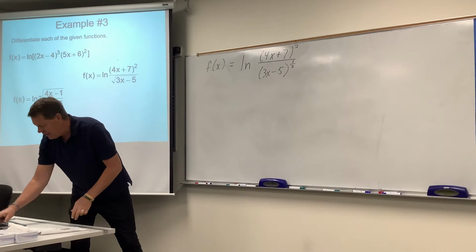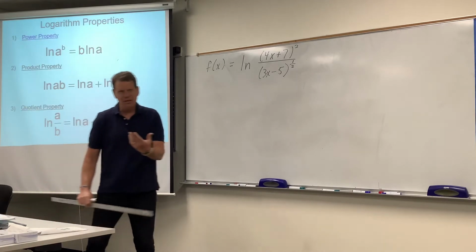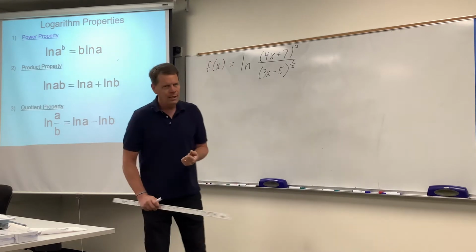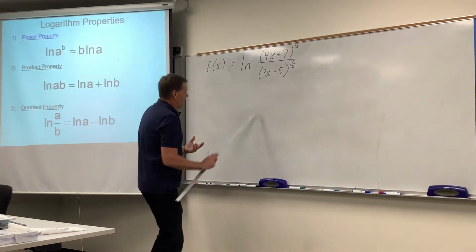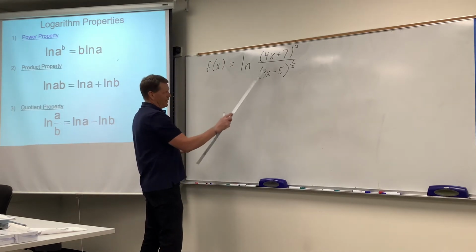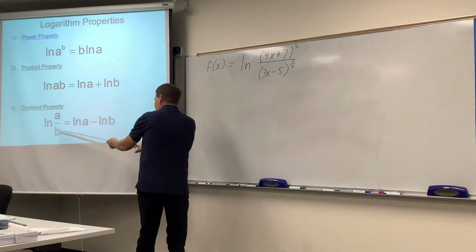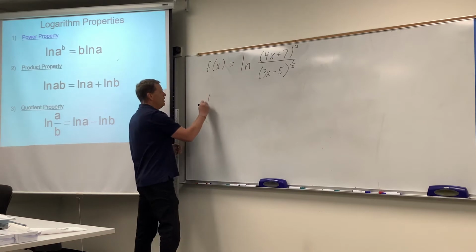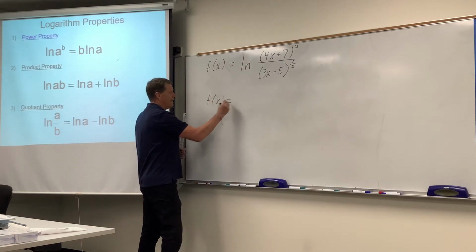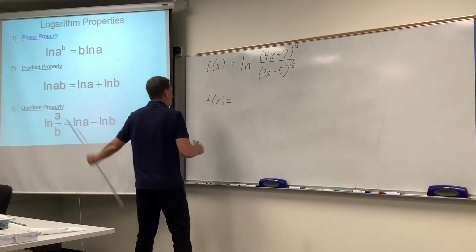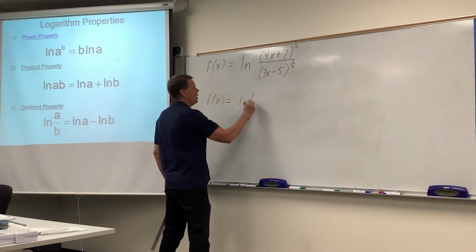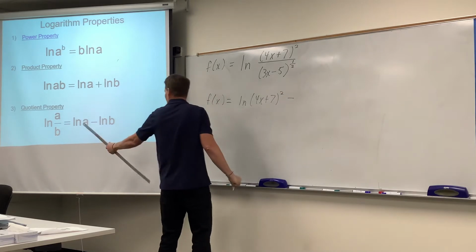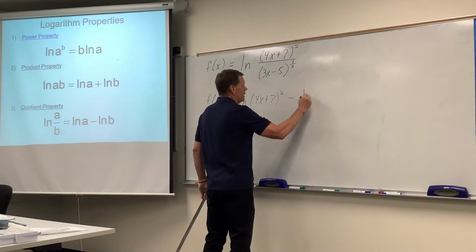What is probably less instinctive to us, again, would be to look at these algebra properties to see if additional rewrites could be done. What's going on here? This is the natural log of a fraction. So the hope would be that the quotient rule, quotient is a fancy word for fraction, could be applied here, whereby we would say, all right, this one will be the natural log of the numerator minus the natural log of the denominator.